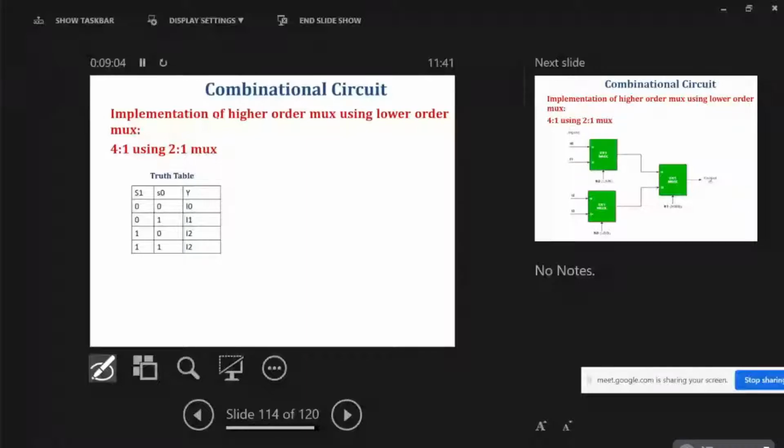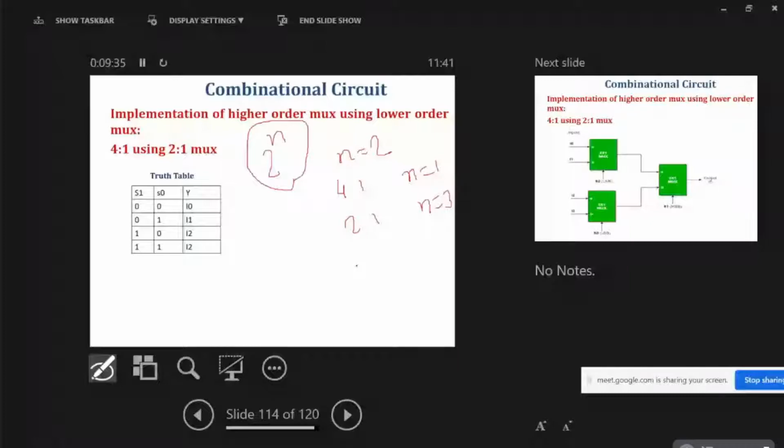The order is decided by 2 to the power n. Suppose n is equal to 2, it will be 4 to 1. If n is equal to 1, it will be 2 to 1. And if n is equal to 3, it will be 8 to 1 mux.